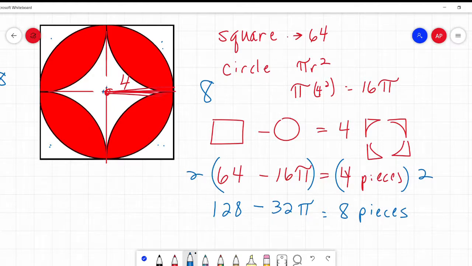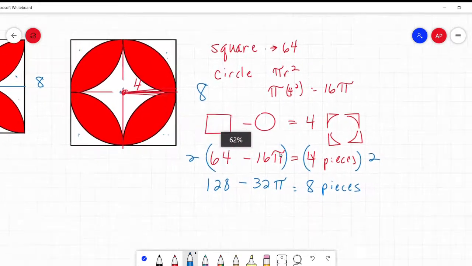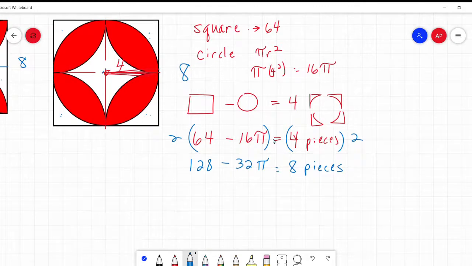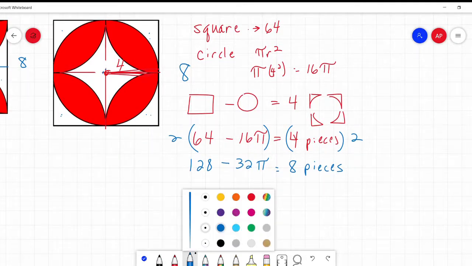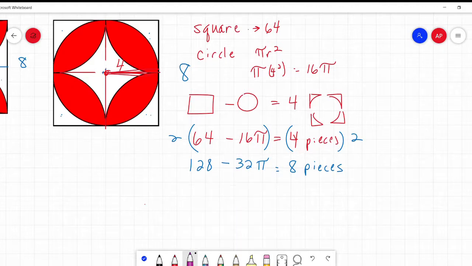Now we're in a position that we can find the area of the red pieces. I'm going to write this in, let's say, purple. I haven't done that in a while. I'm easily amused. I would take the area of the square minus the 8 pieces, and that would get me the red shaded area.